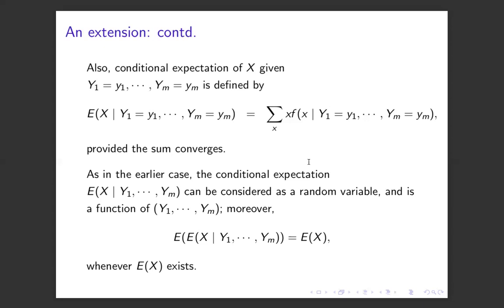As in the earlier case, the conditional expectation of X given Y1, Y2, ..., Ym is a random variable and is a function of Y1, Y2, ..., Ym. This exists if the expectation of X exists. All these things go through.